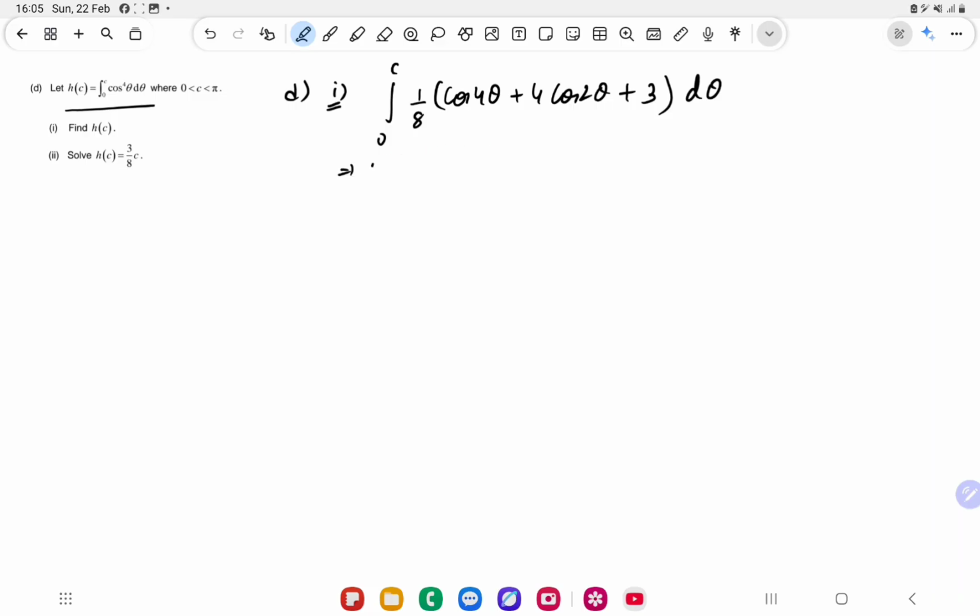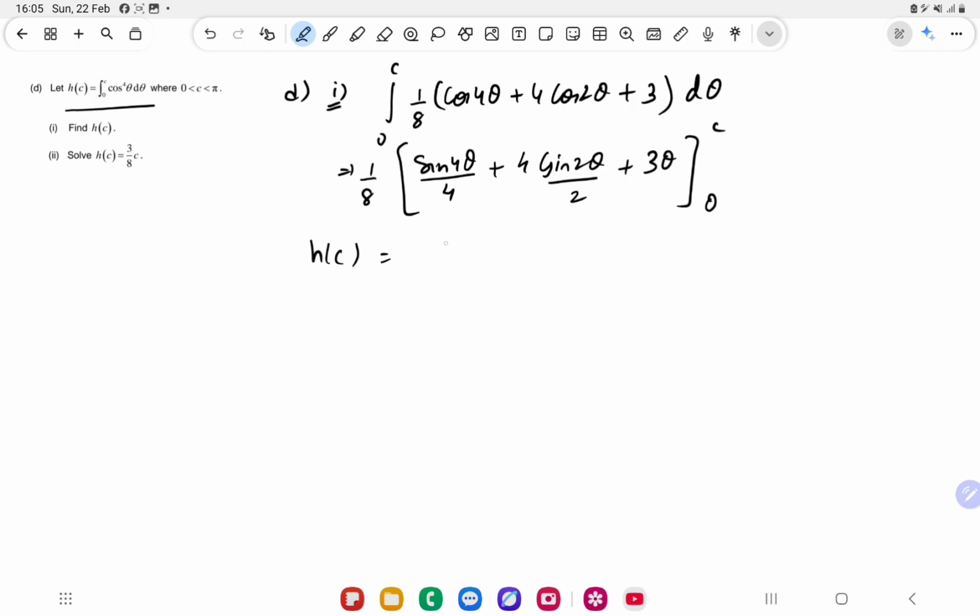So if I integrate, I can take this common. Cos integration is sine, plus 4 sine 2 theta by 2, plus 3 theta, and my limits are 0 to c.